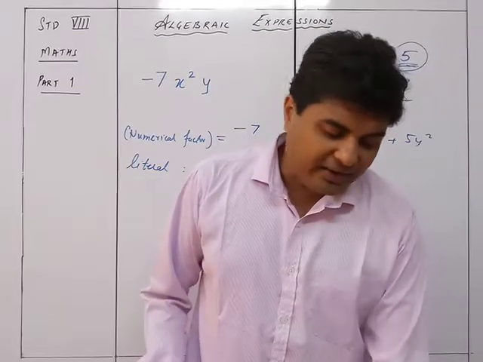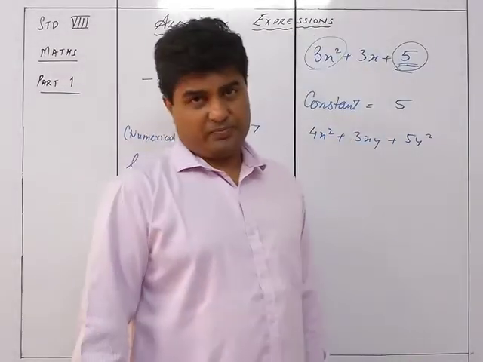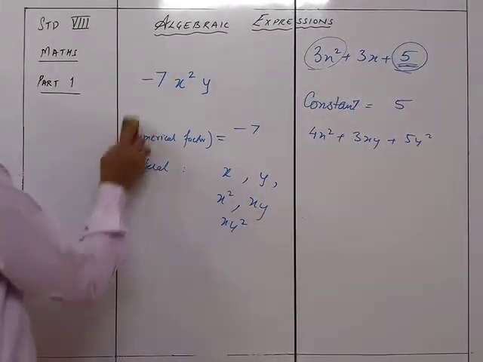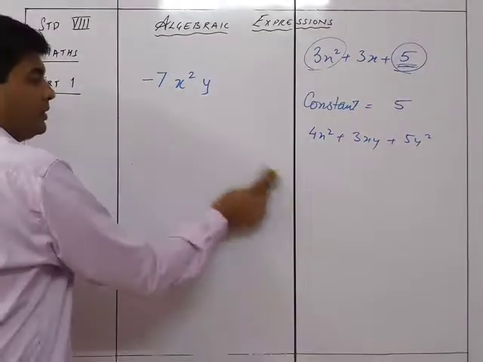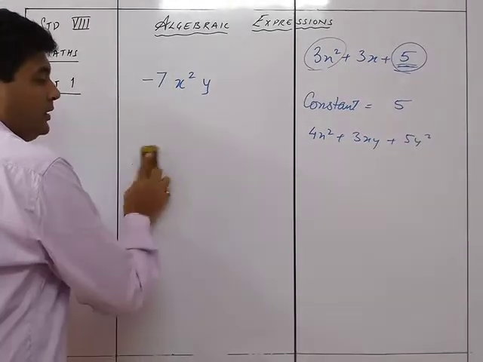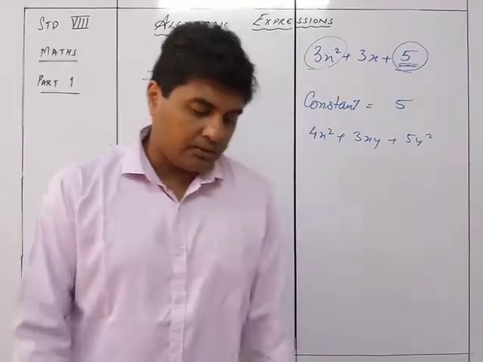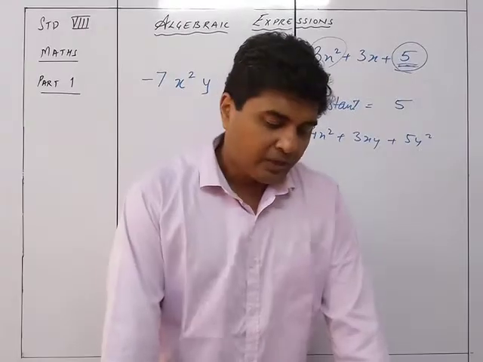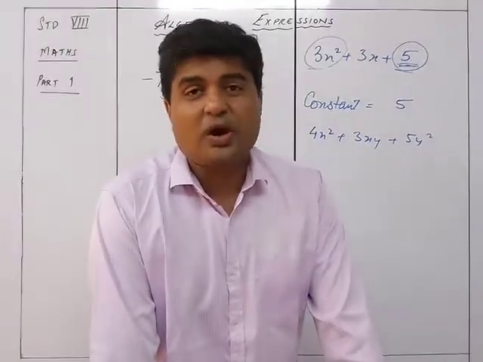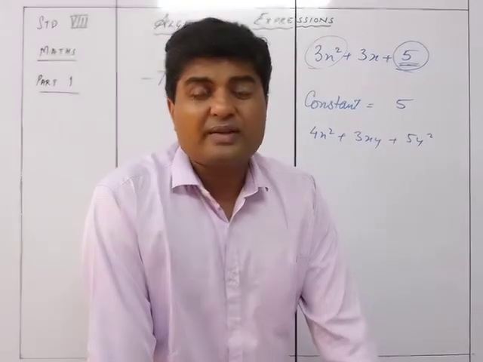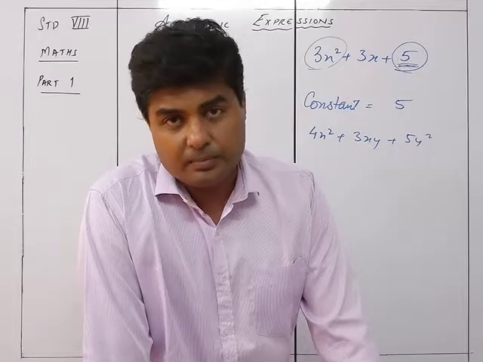The next one we have is the coefficient. Any factor of a term of an algebraic expression is called a coefficient. It is the coefficient of the remaining part of the factor.